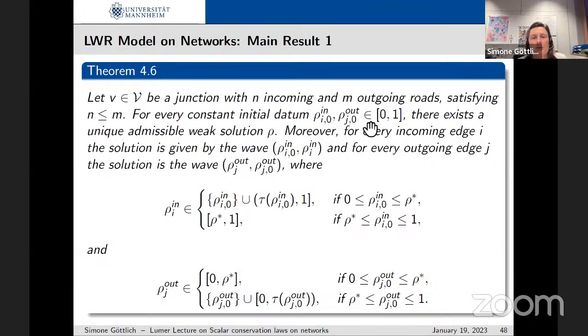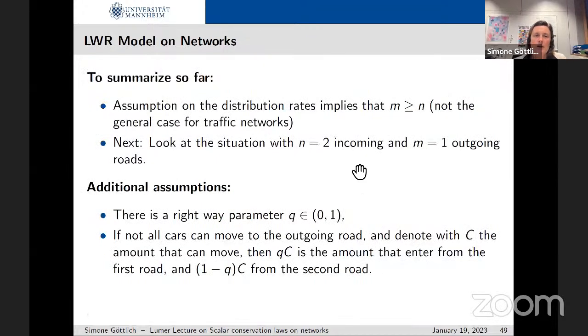For the assumptions given here, which we already discussed, we can compute the corresponding density values to get a unique admissible weak solution for our coupled problems at the intersections. To summarize, so far we only considered the case of more outgoing than incoming roads.